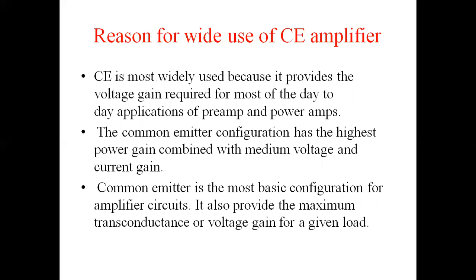As the value of beta is very large, the output collector current is much more than the input base current. Hence the current gain in the common emitter arrangement is very high. It ranges from 20 to 500.